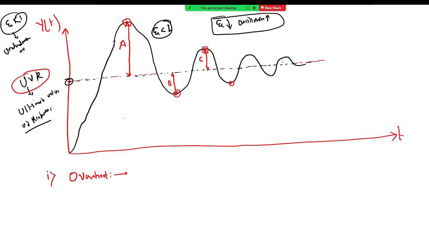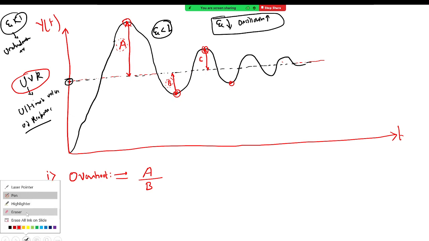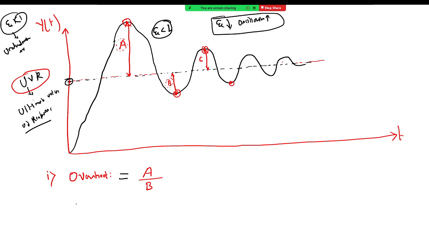So overshoot is defined as the magnitude of A divided by B. This one is your A, which will be given in the problem, and this one is your B. If this is a wave function, this is the amplitude of this wave and this is the amplitude of that wave. If we divide the two, it gives you the overshoot value. Graphically, you can divide A and B to get the value of overshoot.